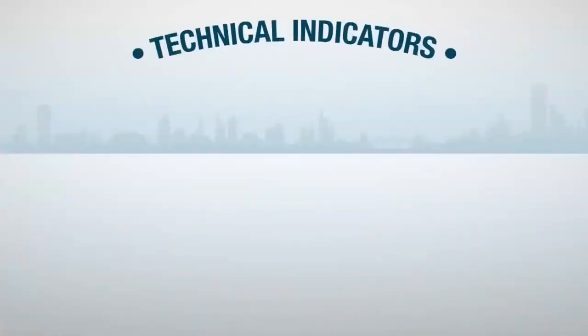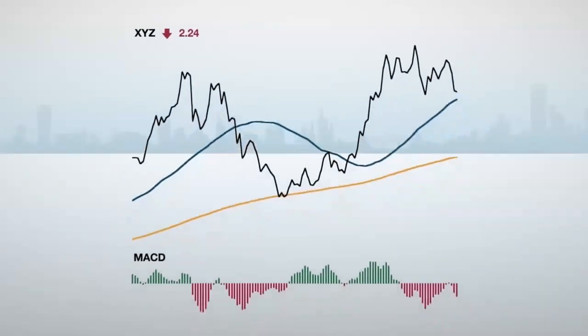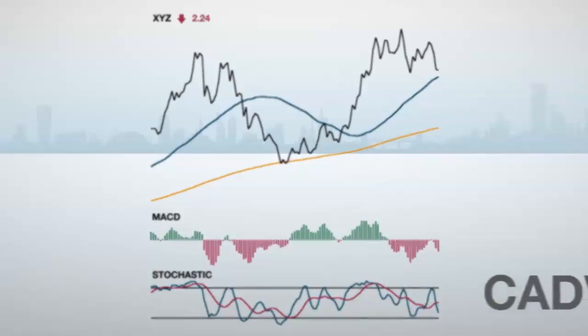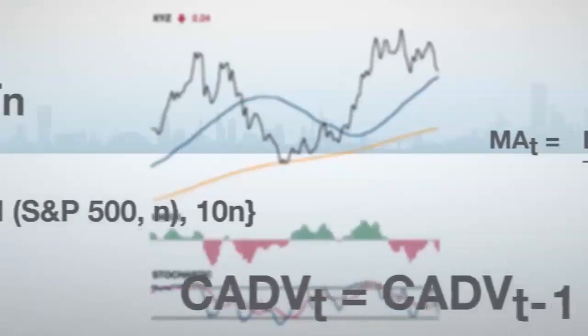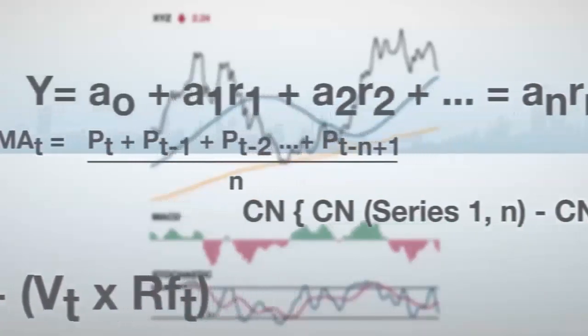Technical indicators are graphical representations of chart data. Each indicator displays chart data, like price and volume, in a unique way, giving investors another perspective of the stock's performance. Because technical indicators are created using formulas and data, they give investors a more objective way to examine a stock's performance.